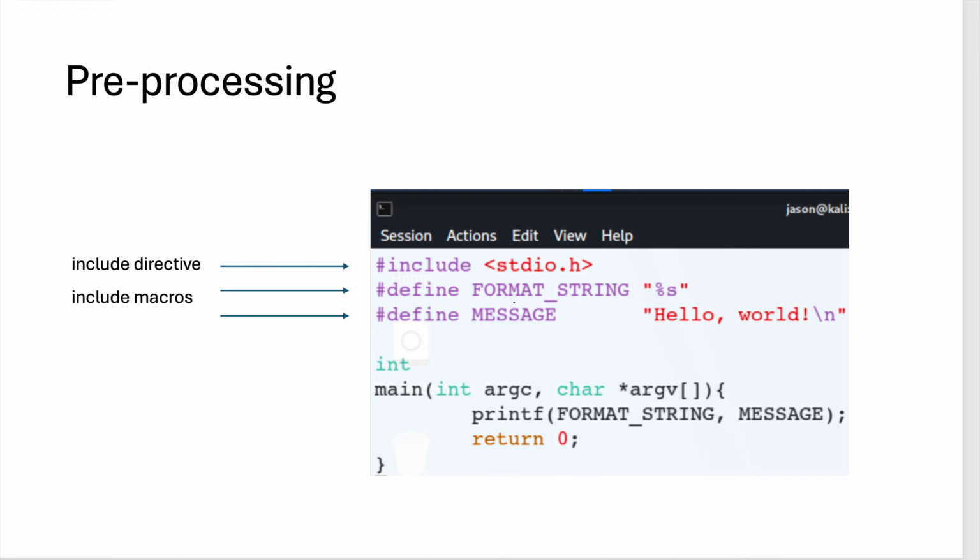And here we define macros, in which we format the string right here, and we define the message hello world. We're saying printf format string, and that is the format string, and then here's the message.